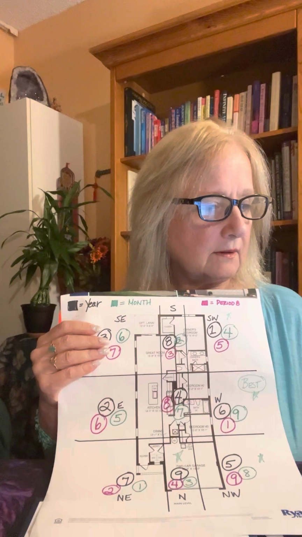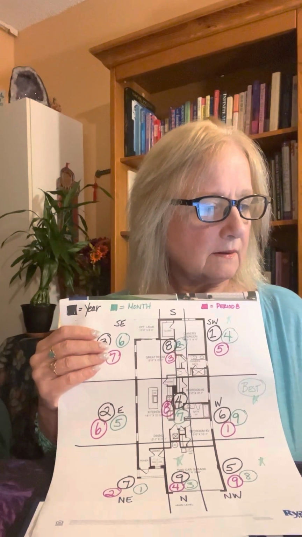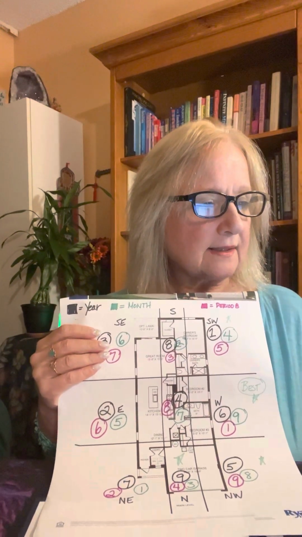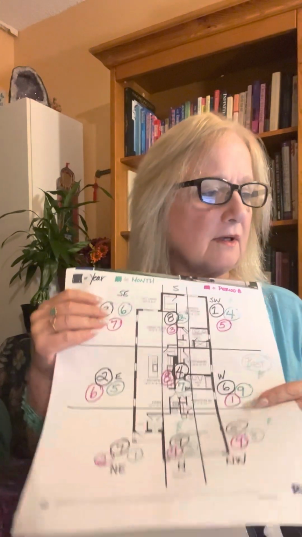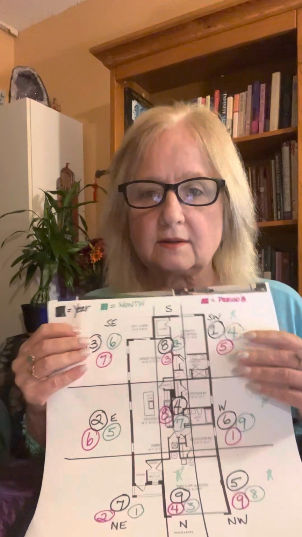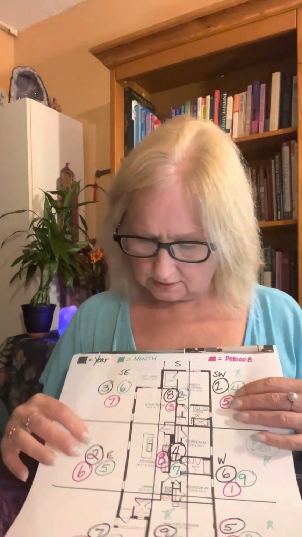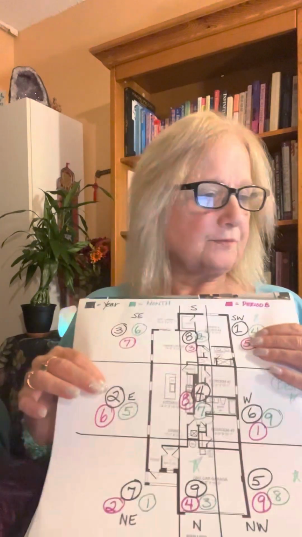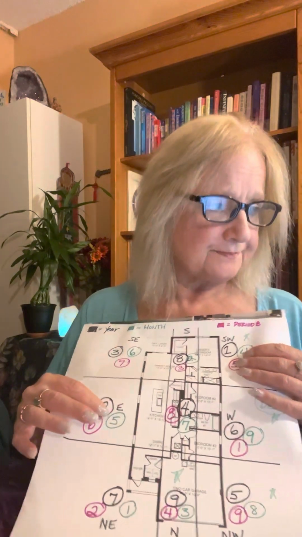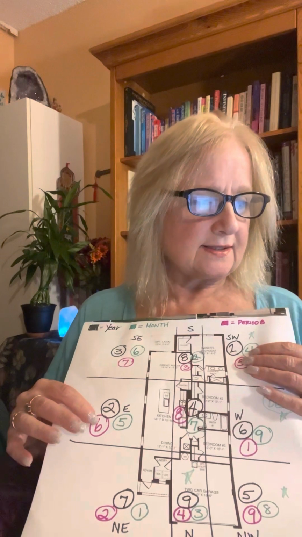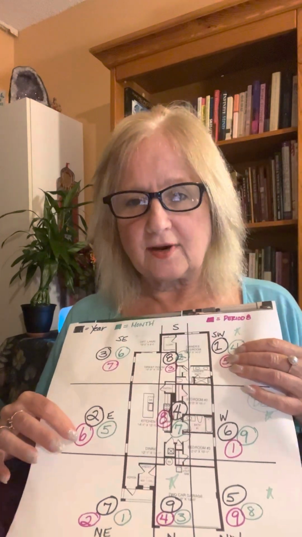All right, now let's see. East sector has 2 of the worst stars. 2 star of illness, 5 star of misfortune, and the period 8 is the only star that's good, and that's going out.